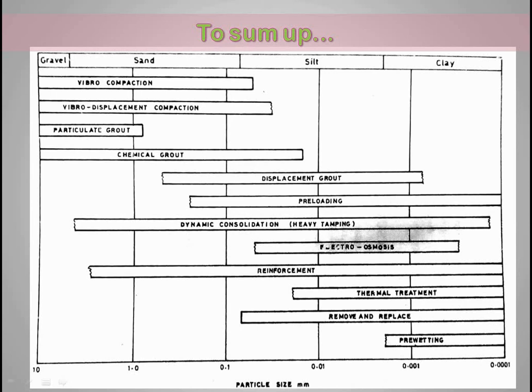The important topic that we have covered in the second unit is preloading. Preloading with PVDs is used in the case of soft ground. Normally soft ground is characterized by low bearing capacity and high settlement.